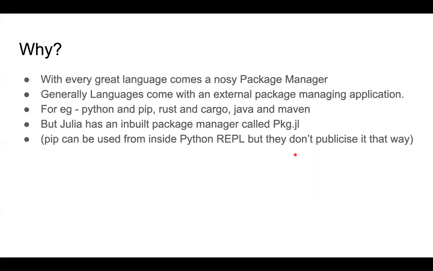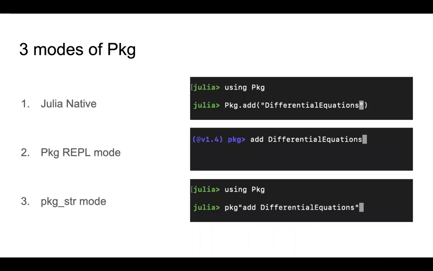In Julia, you don't have to quit your current session to add new packages. You can do it in the same session and continue your work, so no variables are lost. You will understand its importance once you start developing. So there are three modes of using the package manager.